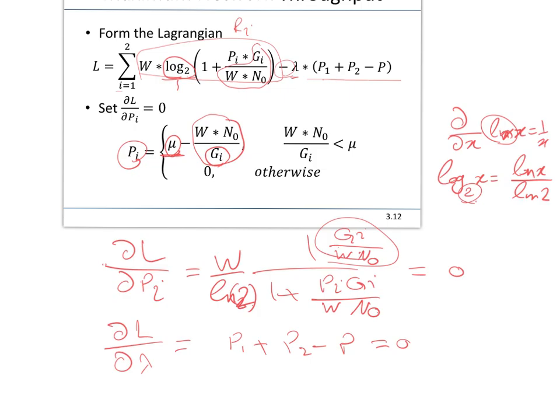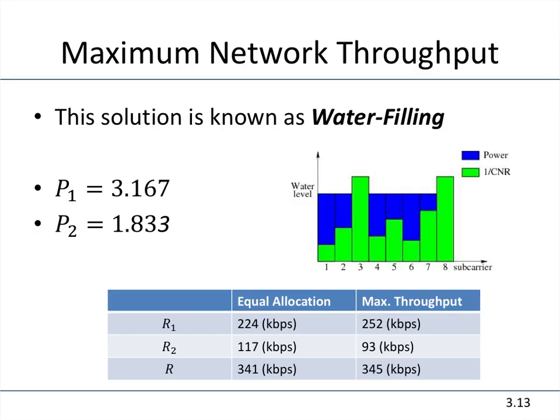Okay, so it looks like this. This is mu, and this is water filling. This is actually G divided by W n0. If that's greater than mu, this means that if I assign a transmit power to that user, I need to use a power which is above P, and that's not possible.